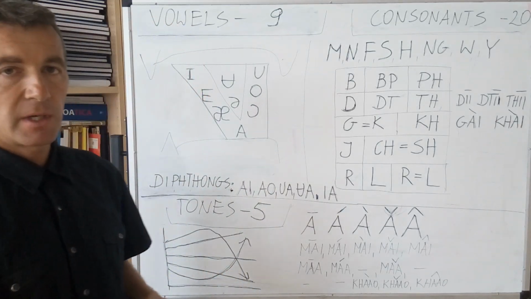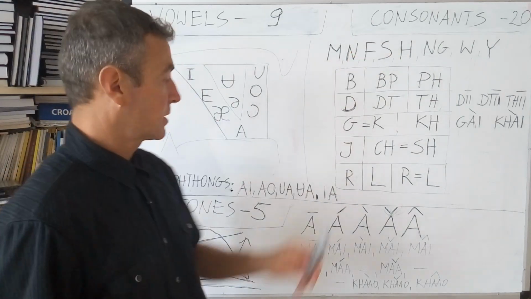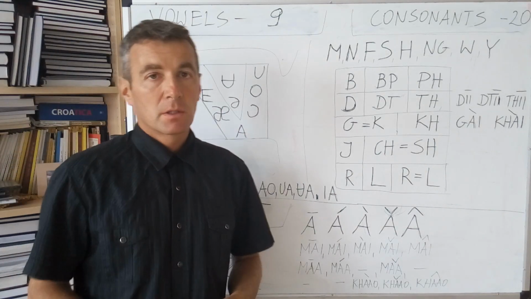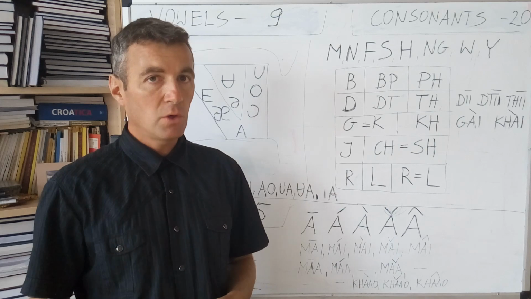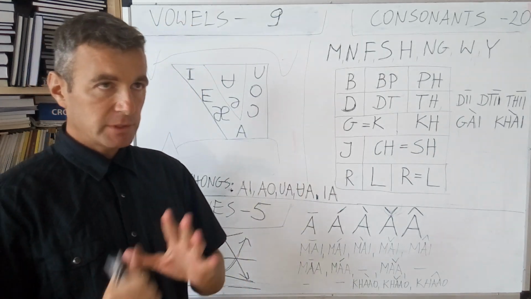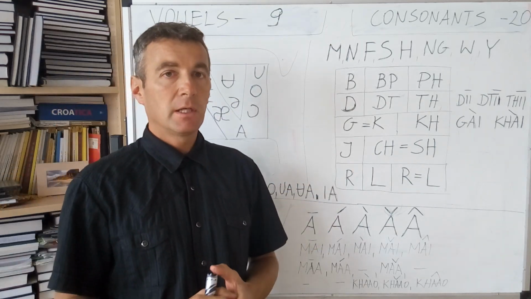Today I'm going to talk about pronunciation, namely vowels, consonants and tones. As you probably know, Thai has its own alphabet, but since it is a little bit complicated, I suggest that it be learned a little bit later on.